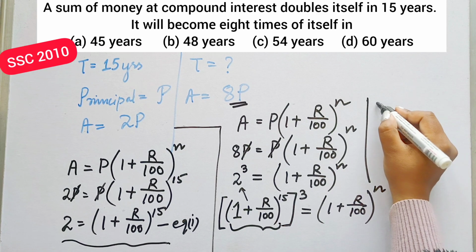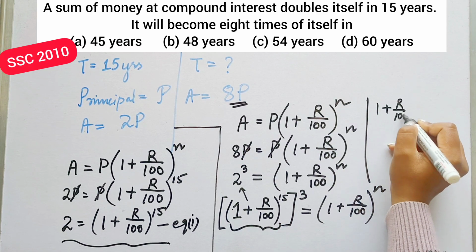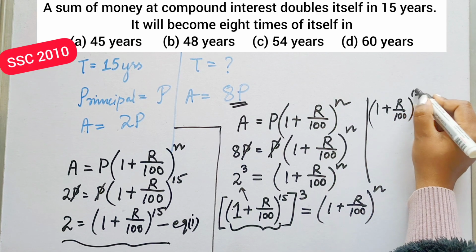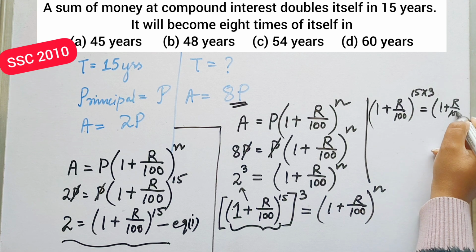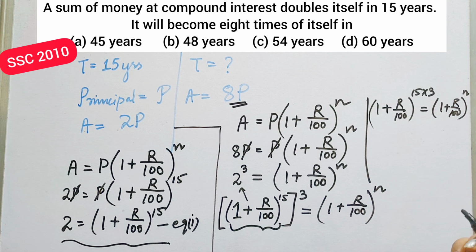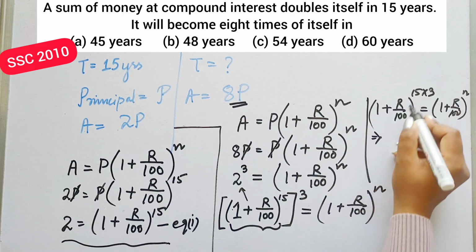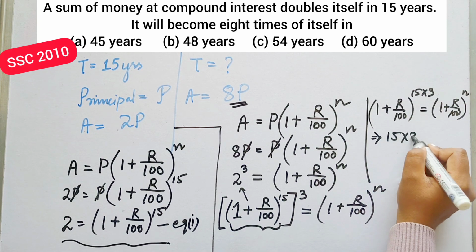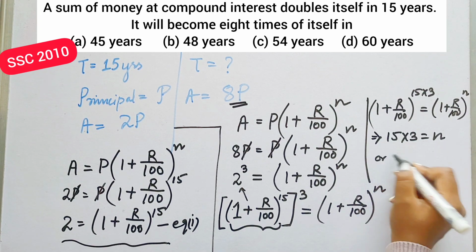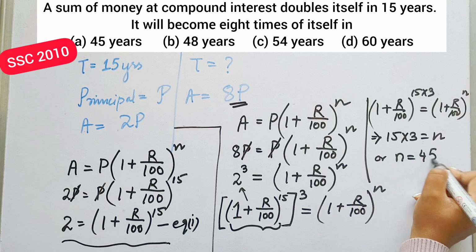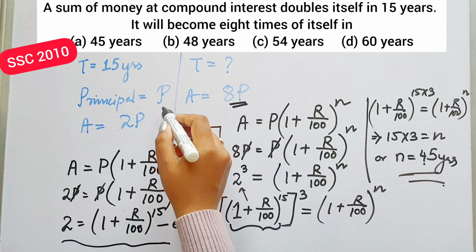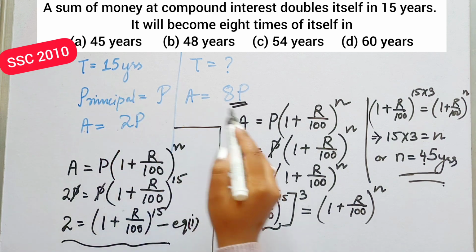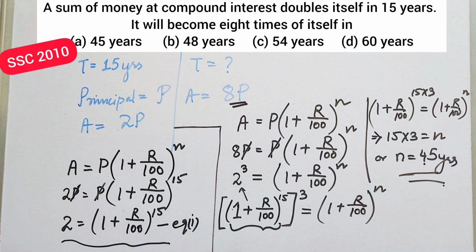Here we have 1 plus R by 100 to the power 15 into 3, and the same thing, 1 plus R by 100 to the power n over here. So we can equate the powers. 15 into 3 equals n, or n equals 45 years. So after 45 years, the amount of money that doubled after 15 years will be 8 times itself. So the correct answer is option A.